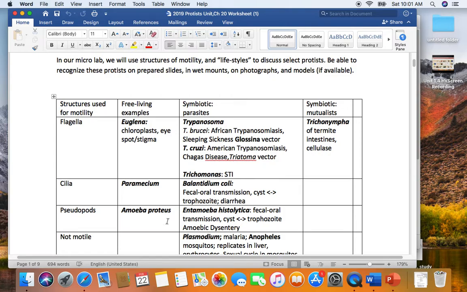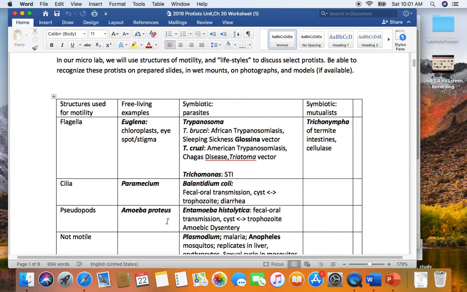So what we'll do this time around is look at some symbiotic protozoa, and we'll first start by looking at some parasitic protozoa. So parasitic meaning that one symbiotic partner, the parasite, invades the other symbiotic partner, the host, and causes harm. So it's a win-lose relationship.